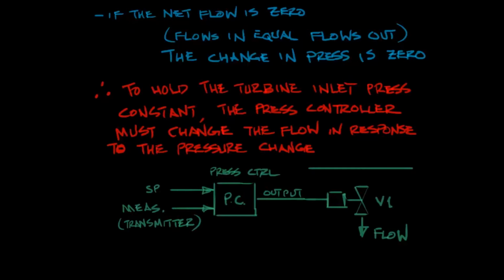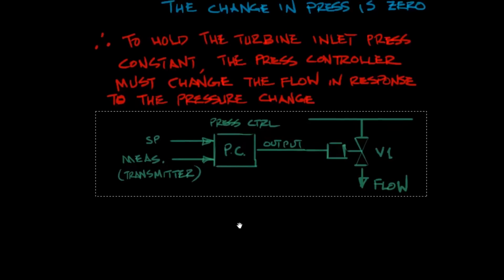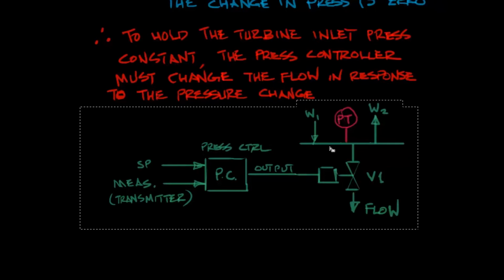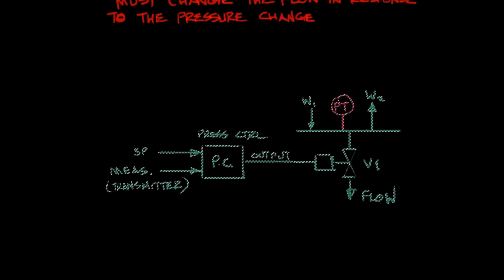So let's draw the header. It's going to have a valve coming off of it that will pass flow to some lower pressure. If we have flow into and out of that header, then we can watch the pressure through a transmitter.